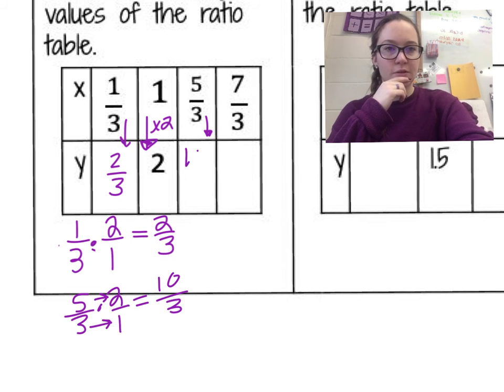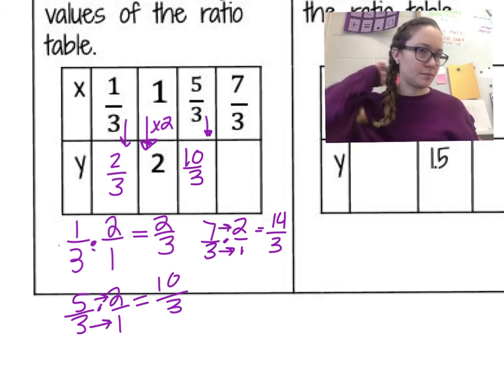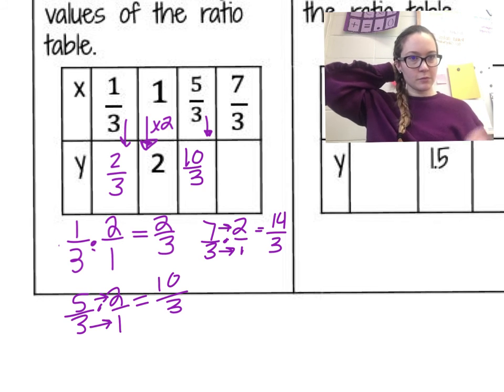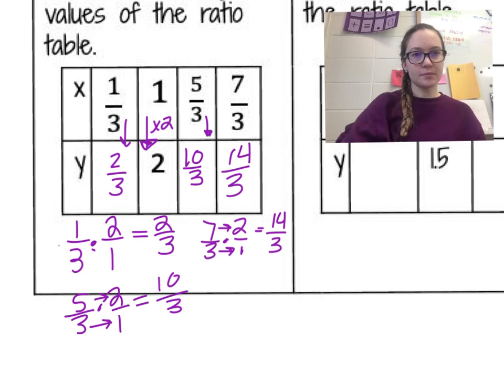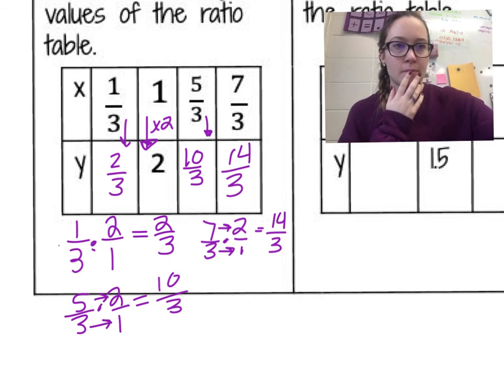So you get 10/3. Okay, last one. 7/3 times 2. 7 times 2 is 14. 3 times 1 is 3. Okay, so 14/3. So I take the bigger number, divided by the smaller number, tells me what I'm going to multiply by.